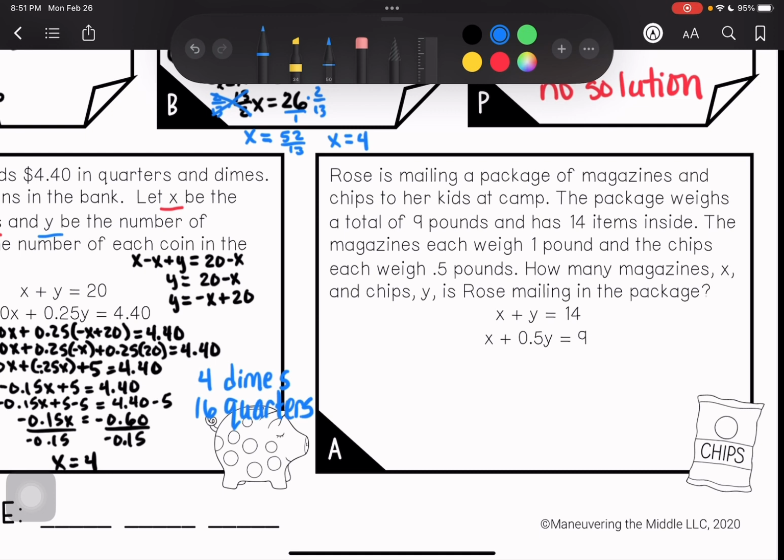Okay, this first equation, we're going to put it in slope-intercept form, which is Y equals negative X plus 14. And now we're going to substitute into the second equation, X plus 1/2 times Y, which is negative X plus 14, equals 9. We do the distributive property.